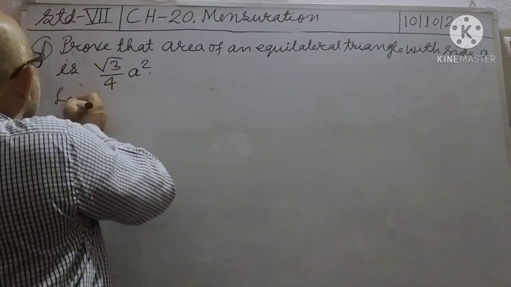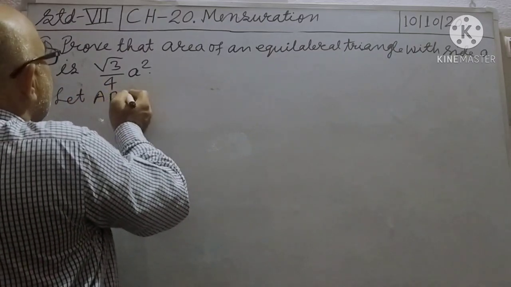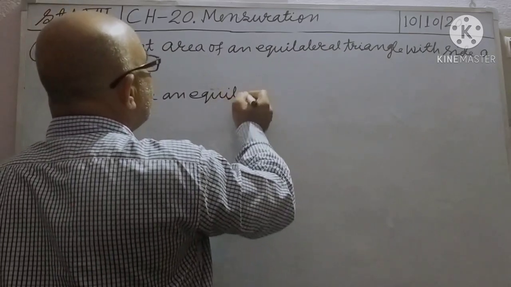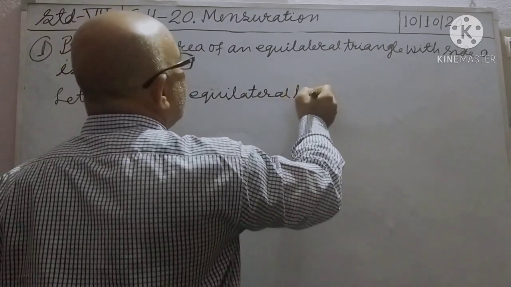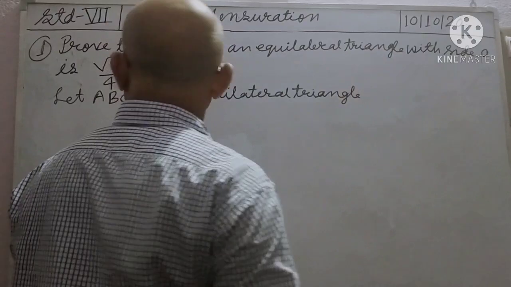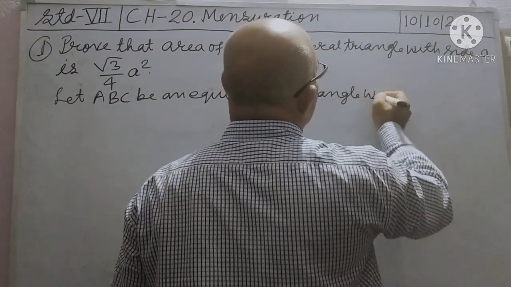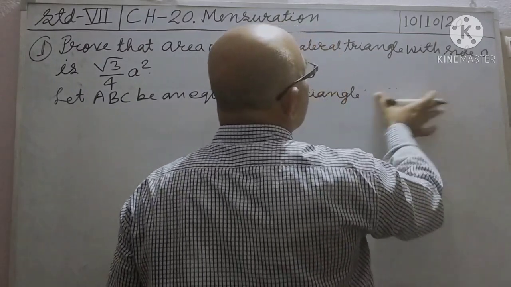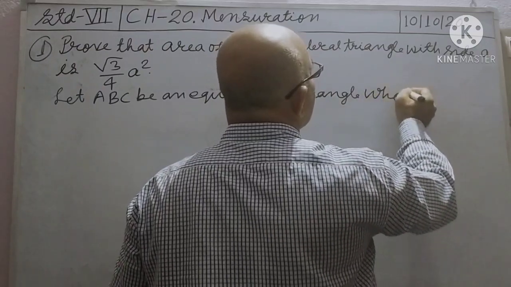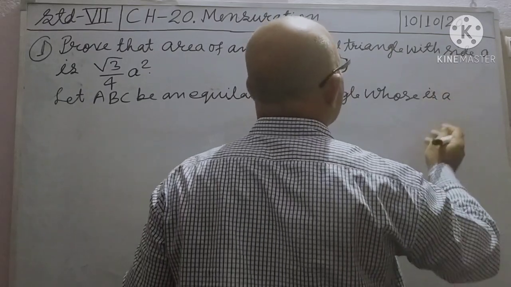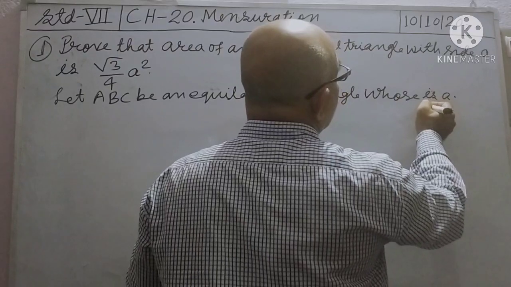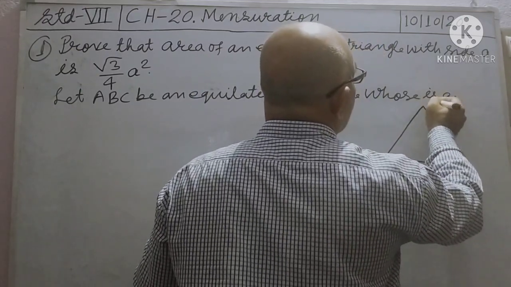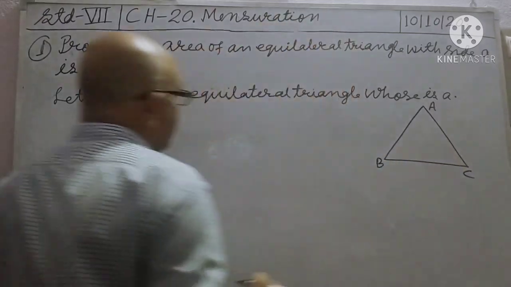So let ABC be an equilateral triangle with side a. Put side is a. A, B, C. Construction.